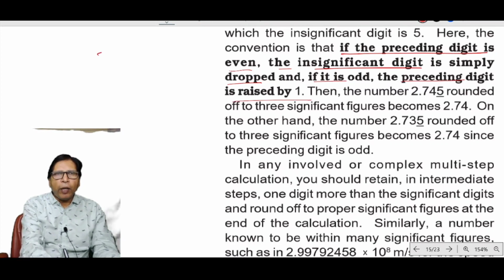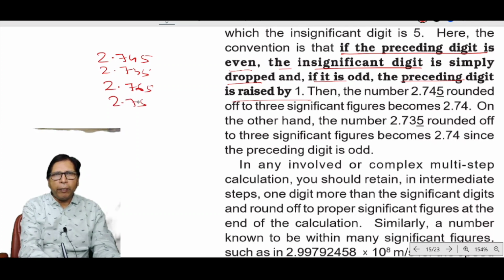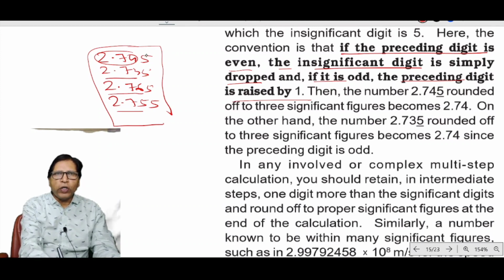Now suppose 2.745, 2.735, 2.765, 2.755. If these numbers are converted into 3 digit numbers, look at the first: before 5 there is an even number, so no addition takes place.